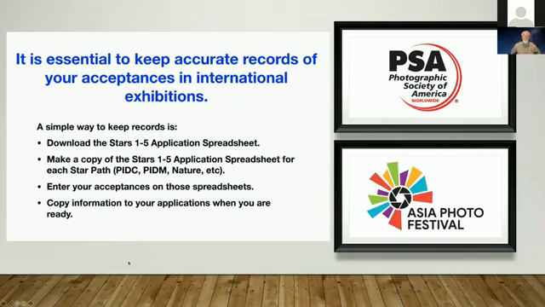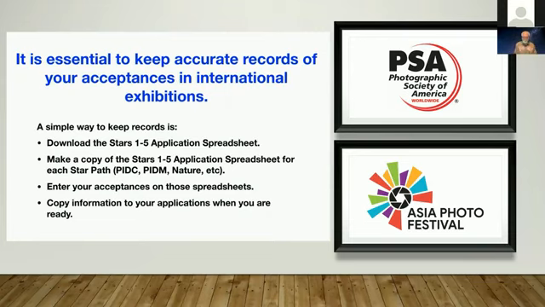Download that and make a copy of it for each of the star paths where you know you're going to be getting acceptances. So PIDC, nature, photojournalism, and so on, and keep those separate. And as you get your acceptances in exhibitions, you can enter them on these spreadsheets.